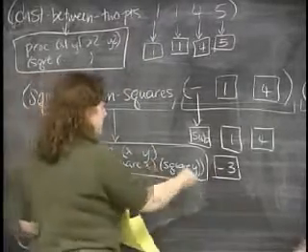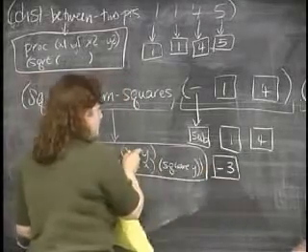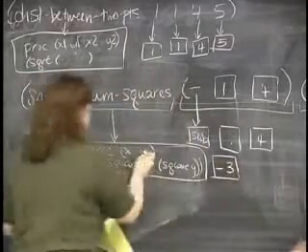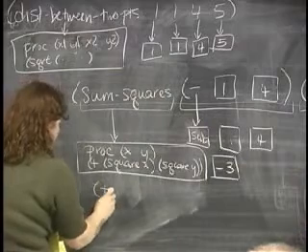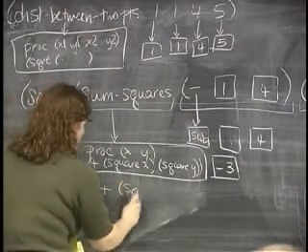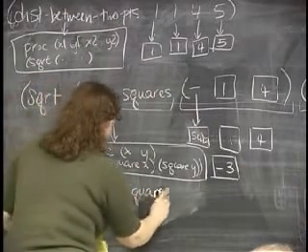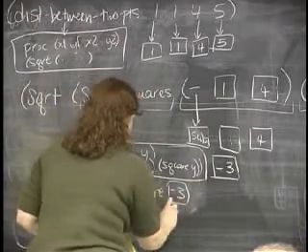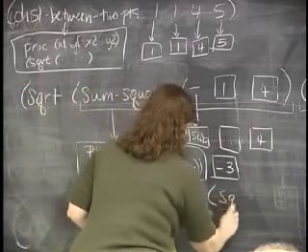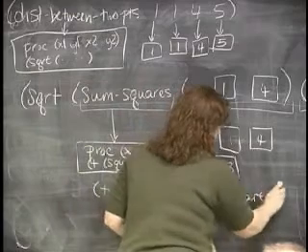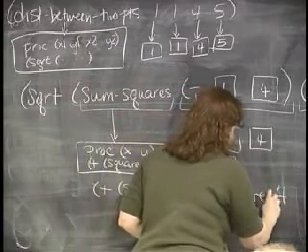Again, to apply this, we're going to substitute negative 3 for x, negative 4 for y, giving us plus, square of minus 3, square of minus 4.